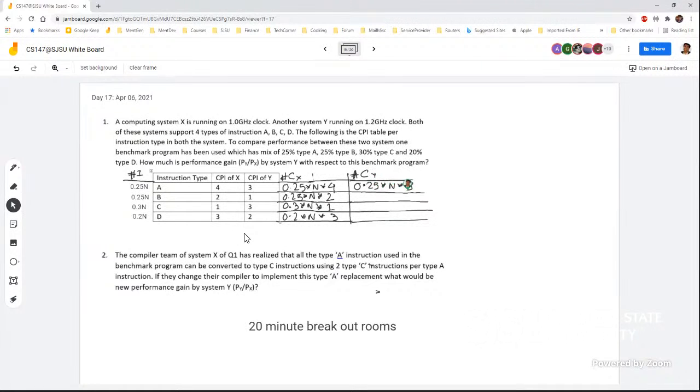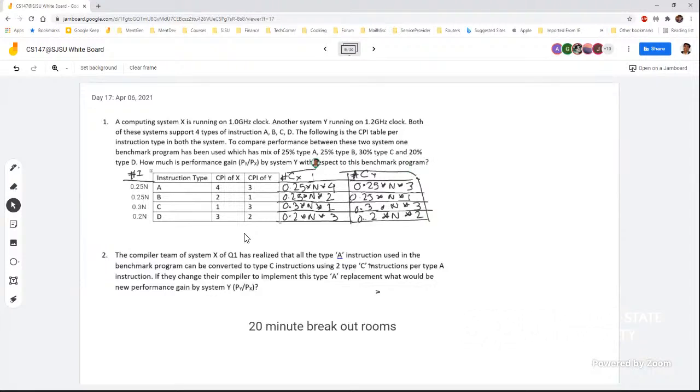Take it from this table for Y. So the CPI for Y multiplied by n multiplied by 1.25 multiplied by n multiplied by 3, and oh, sorry, my bad. This is 0.3 and this is 0.2 multiplied by n multiplied by 2.